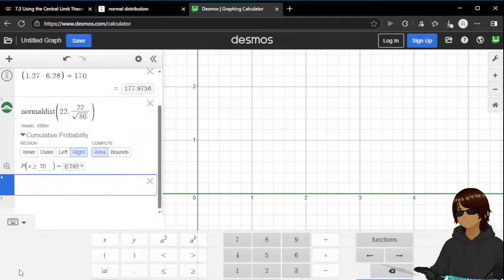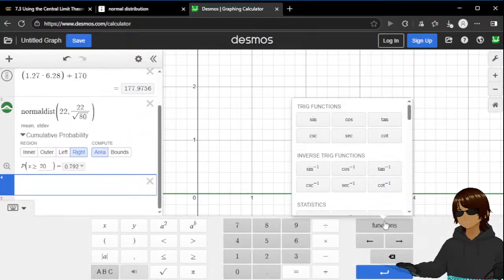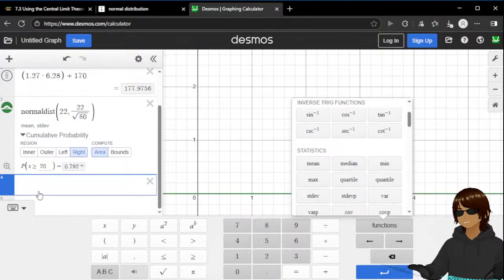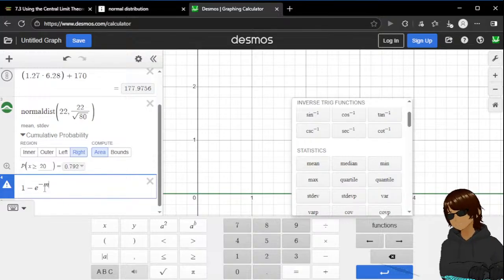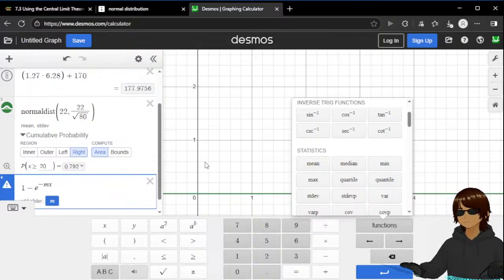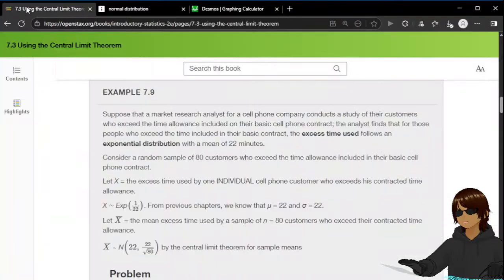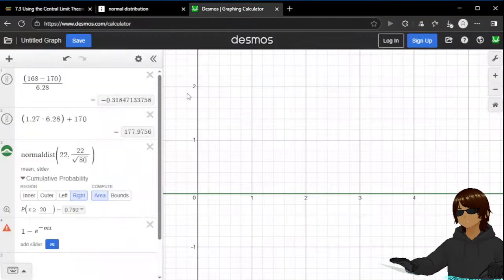The cumulative distribution is 1 minus e to the power of minus mx. M over here would be 1 over the mean of 22.